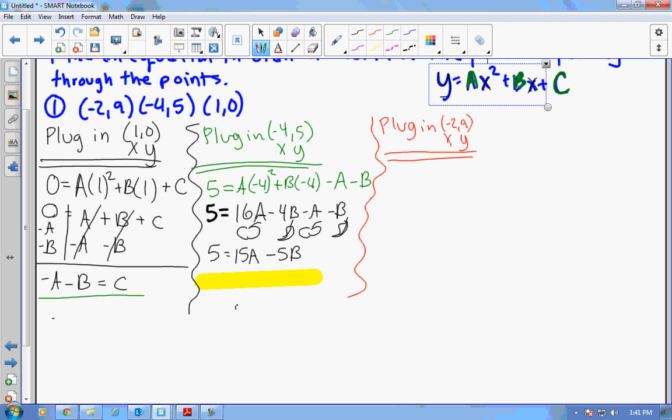Yep, we will in just a second. Okay, Rekha, would you tell me what you got on the first line when you first plugged in -2, 9? Plugging it in. The y is what value? There you go. Equals times -2 squared.